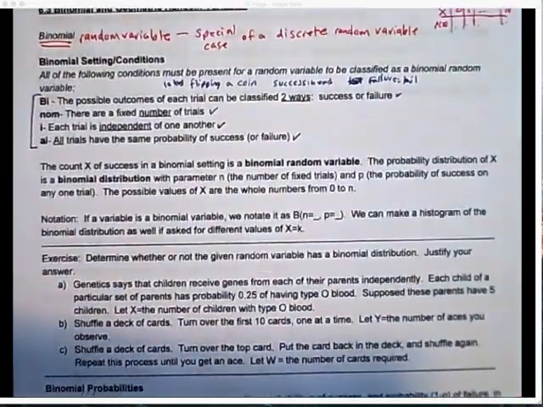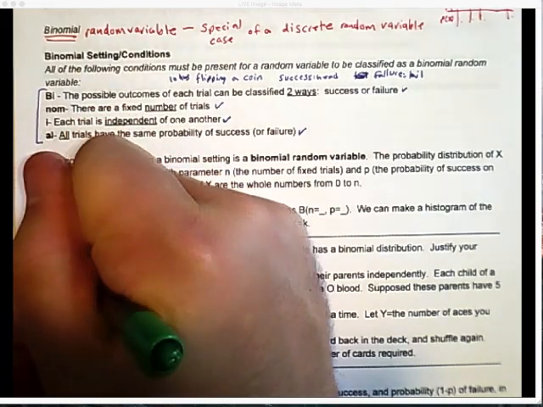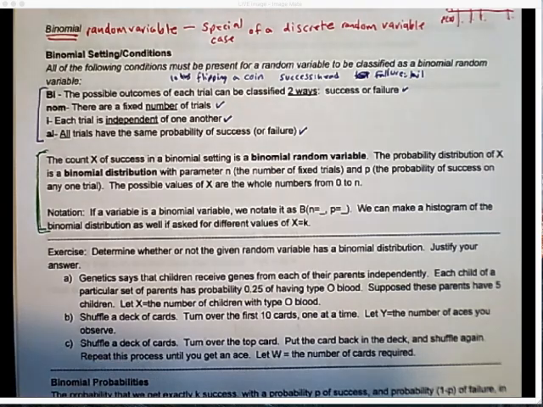Now the next 2 paragraphs in here are kind of hard to read. We'll have to do some examples so you can understand these a little bit more, so I'm just going to read it. It says the count X of successes in a binomial setting is a binomial random variable.